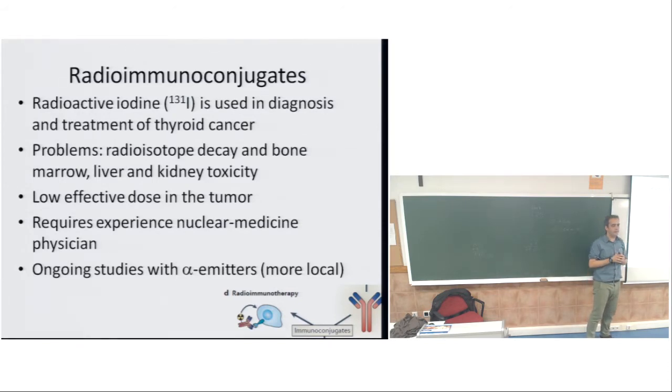The amount of isotope that gets into the tumor is very low and requires a physician. But there's also a change in the emitters to make it more effective. But the idea is that you can reduce the radioactive isotope a lot by combining it with a monoclonal antibody.